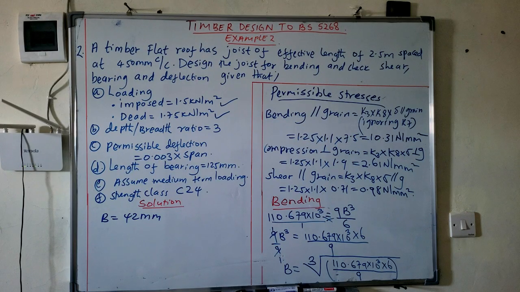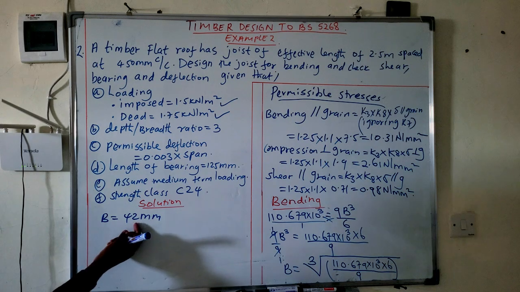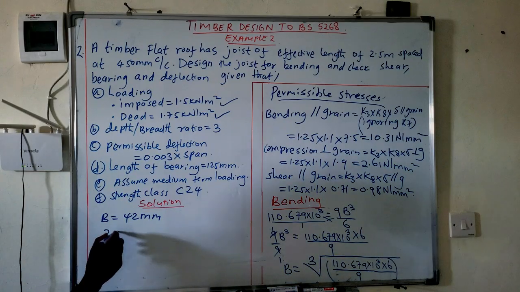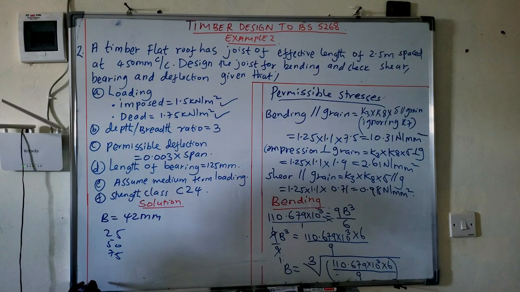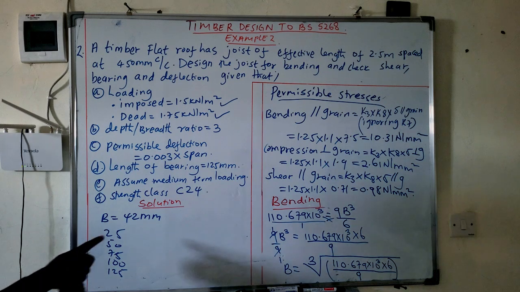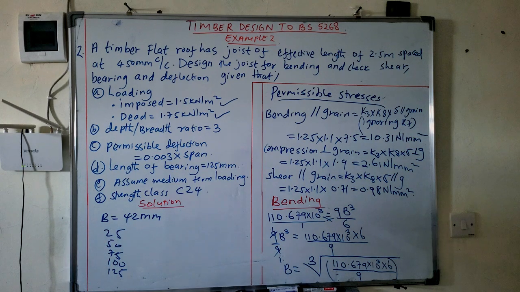In timber, it may be difficult for you to find this size of a timber. So we will use a size which can be found in the market, like a size in a multiple of 25, 50, 75, 100, 125.